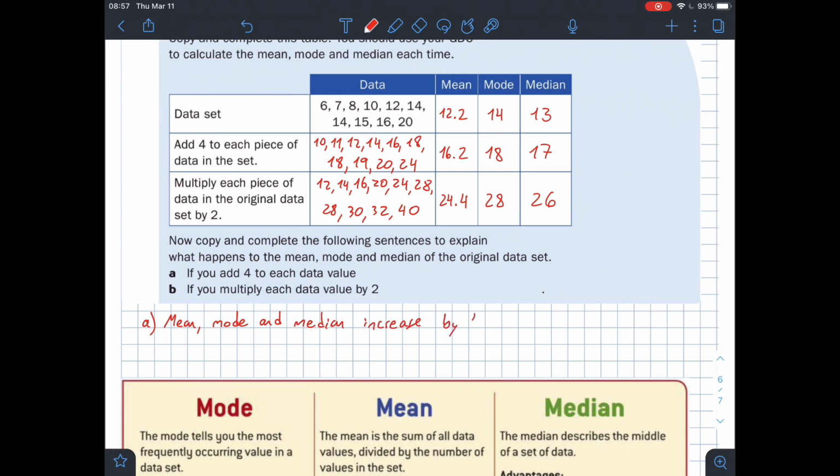Increase by 4, basically, right? And for B, if you multiply each data value by 2, mean, mode, and median are multiplied by 2.